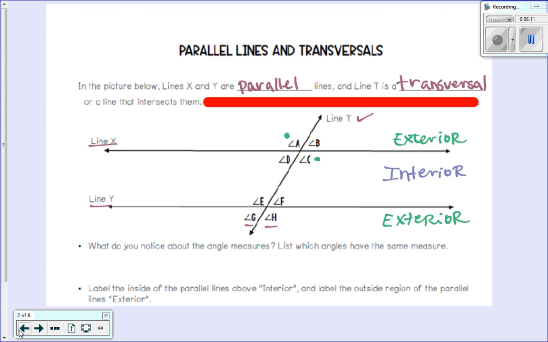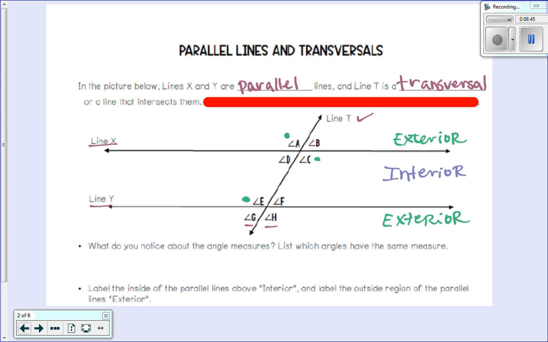If we're looking at angle C, alternate interior, so the opposite side, where would that be? Angle E. Good. So with the same color, go ahead and mark angle E. We should have these marked in the same color. Are we good with that? Is there another pair of alternate interior angles that we can name?